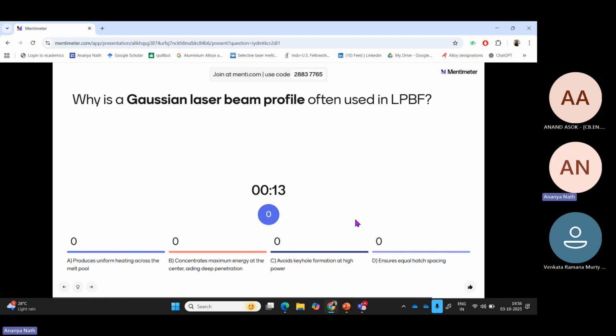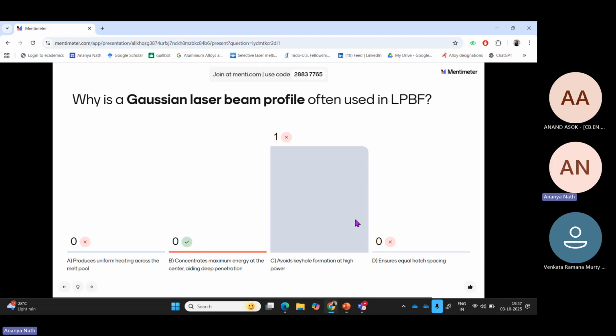Gaussian laser beam profile is often used in LPBF. It avoids the keyhole formation at high power. So for the Gaussian beam, the laser intensity profile is not actually related to the keyhole formation or conduction mode. It's related to the power which you are giving. Yes, a Gaussian beam will have higher probability than a top hat profile to have keyholes if you have higher power.